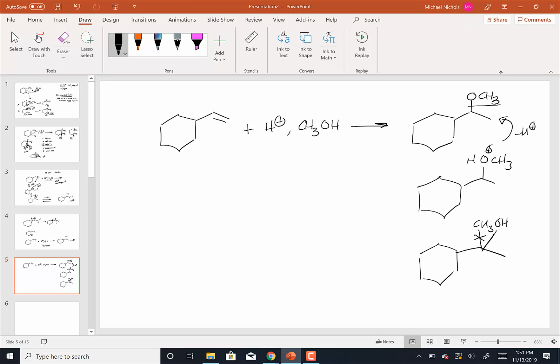I mean, all the mechanisms are pretty much the same. So we want to make sure that it's an OCH3. Remember this. HOH reacts like ROH. Only in this case, what am I adding? An H and an OR group. How? Markovnikov. How? 50% cis-trans.